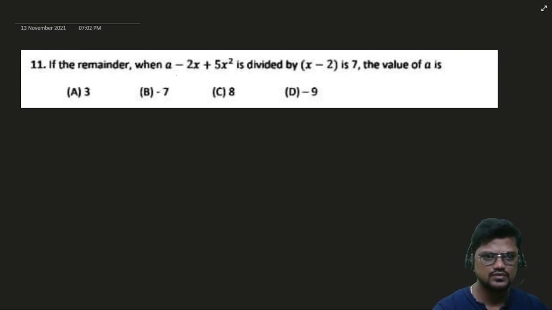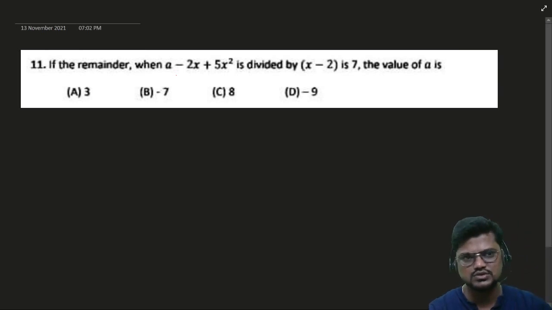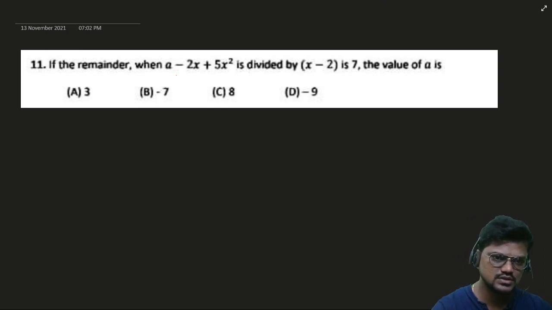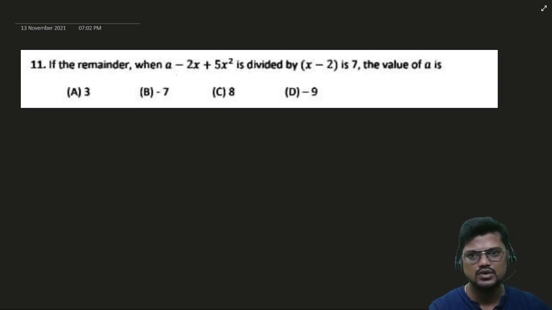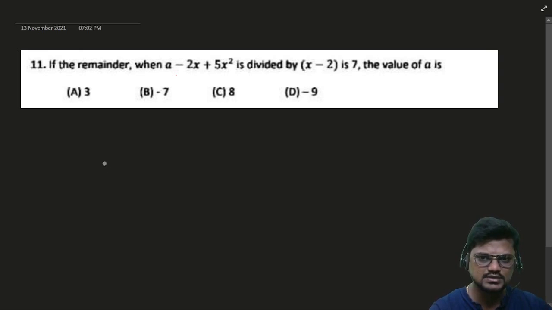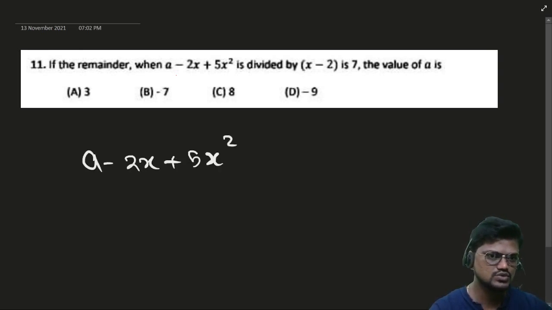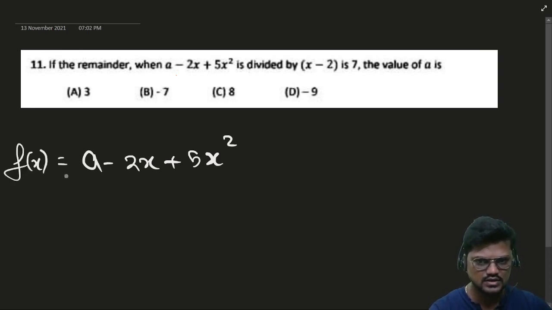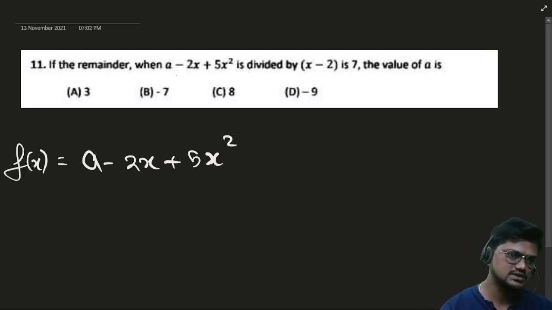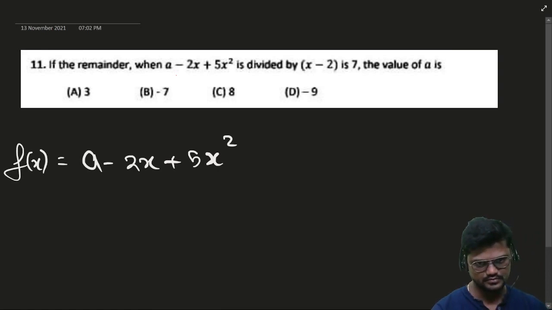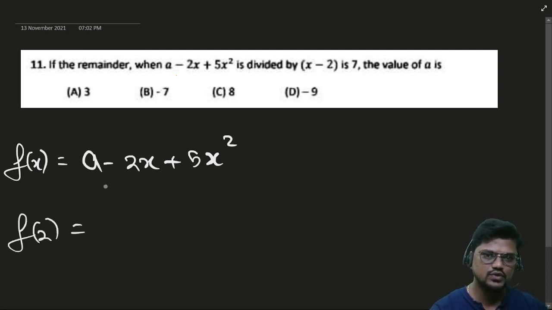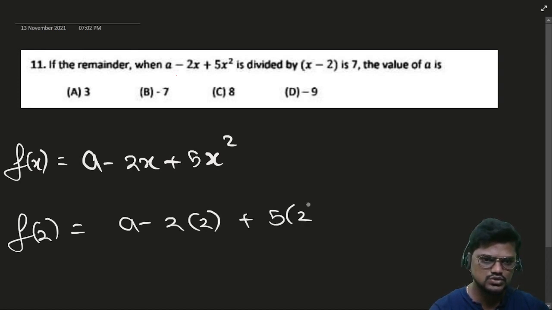Okay, fine. Now see over here how to solve this question. I got answers from few students. Now if the remainder, that is a minus 2x plus 5x square, is divided by x minus 2, so if this is your f of x, and it is divided with x minus 2, the remainder I will get by putting x equals 2 in this. So if I do f of 2, I'll get the remainder. So f of 2 is a minus 2 into 2 plus 5 into 2 square.